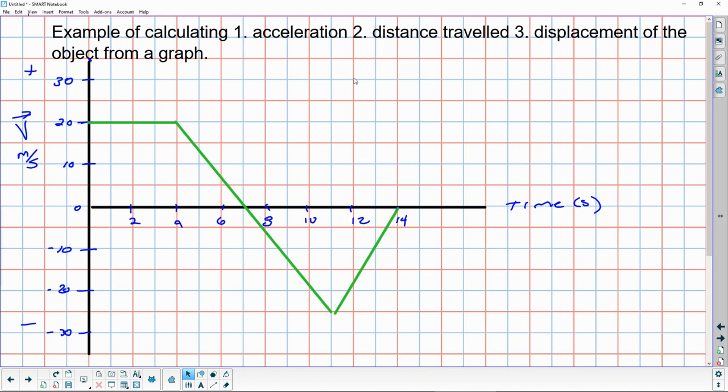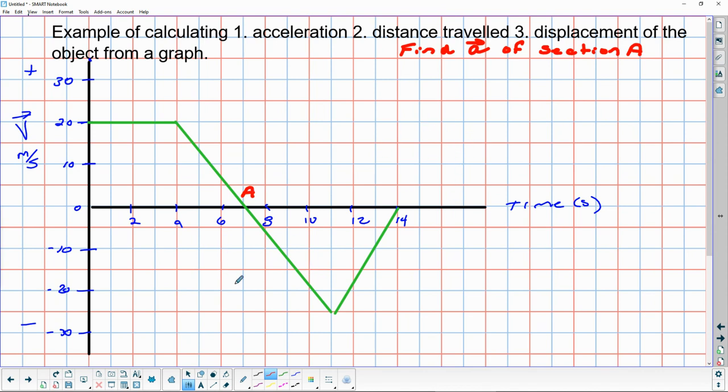So the idea here, let's label up. Let's say find the acceleration of section A, which we'll say is this downward one here.